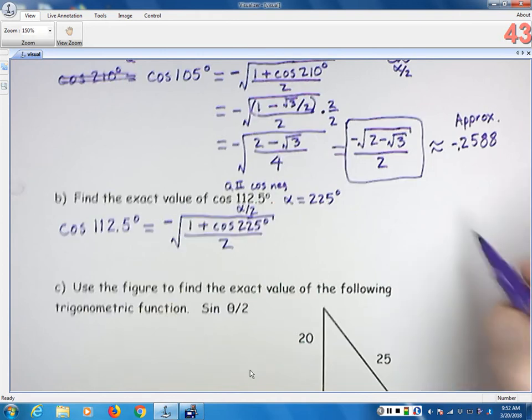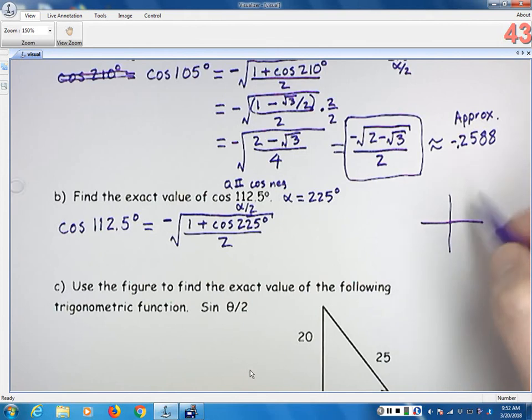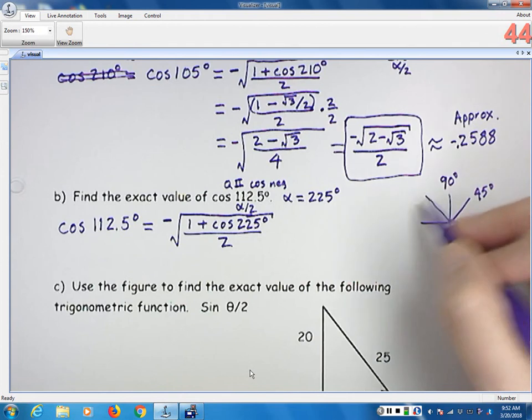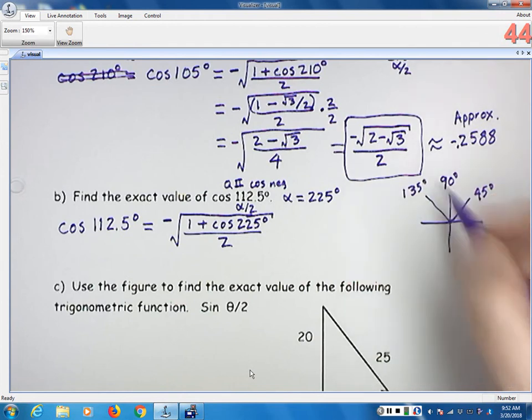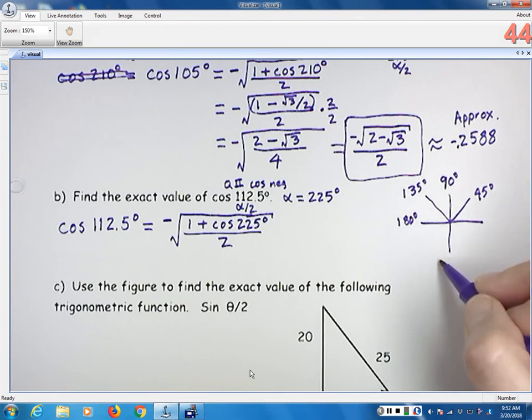So I even drew a picture here. Here's the unit circle. This is 45, 90, 135, 180, and 270. 225 is right here.